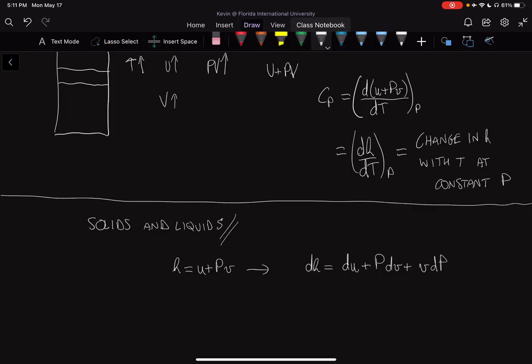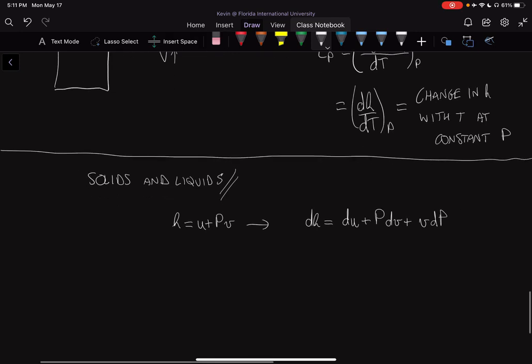And we can simplify this equation a little bit by looking at this term specifically.